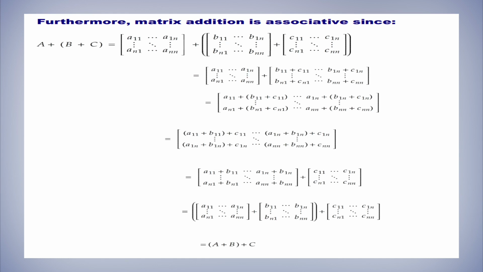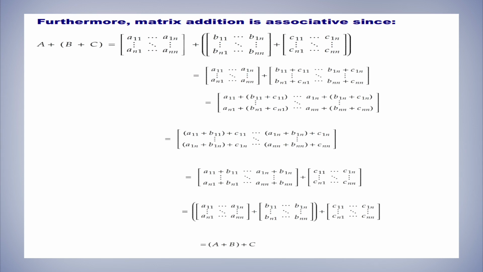Now we are going to separate C. So it will be written as A11 plus B11, A12 plus B12 and so on A1n plus B1n. Like this AN1 plus BN1, AN2 plus BN2 and so on ANN plus BNN. Now we have separated the C.